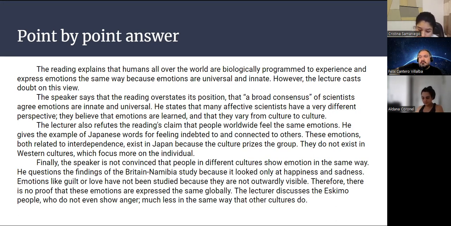However, the experts have cast doubt on this hypothesis and said that emotions are a social construction and are very different from culture to culture.